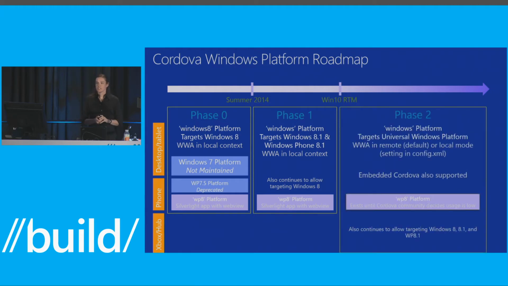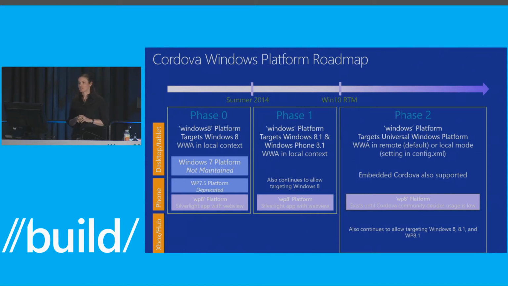And the next phase, what I think of as phase 2, is after Windows 10 is finished in RTM, which is fairly soon, we start the phase of the Universal Windows Platform.